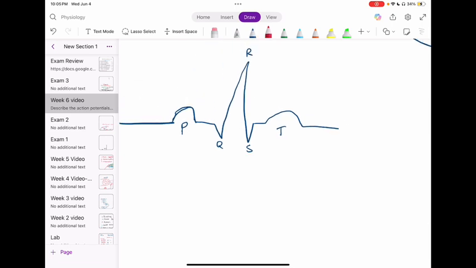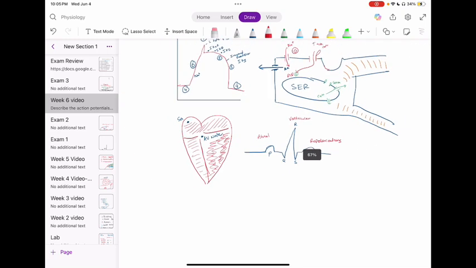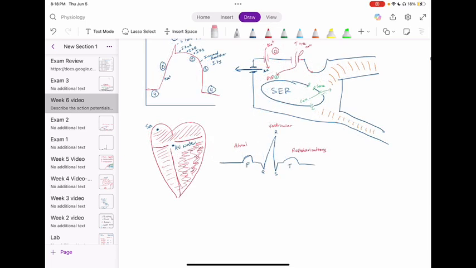And so if we're going to go ahead and label this, we have the atrial, ventricular, and the repolarization parts of our heart.